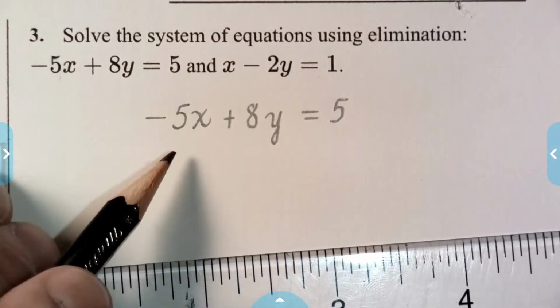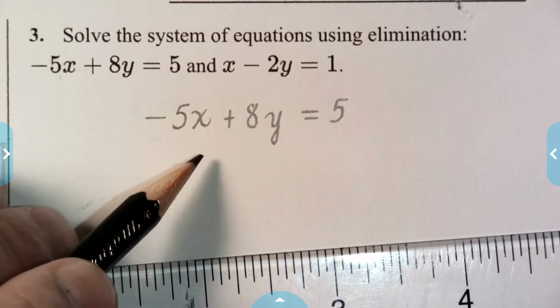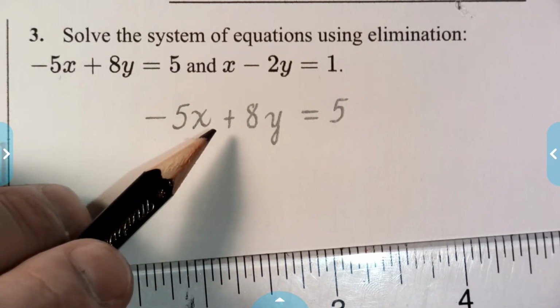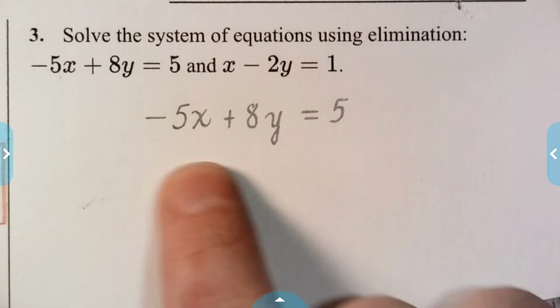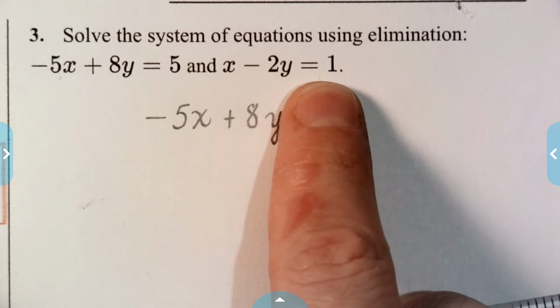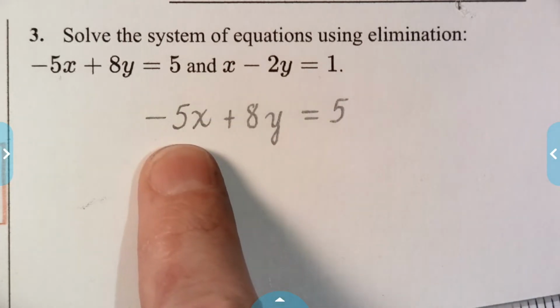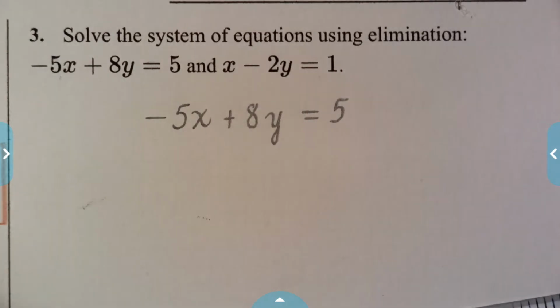So if I write underneath that x minus 2y equals 1, I'm not going to be able to eliminate anything, right? So before we write anything underneath that, let's mess with this equation to make it something that I can add to negative 5x to eliminate. You know what? We'll do it for the y value since we haven't done that before. We'll eliminate the y value.